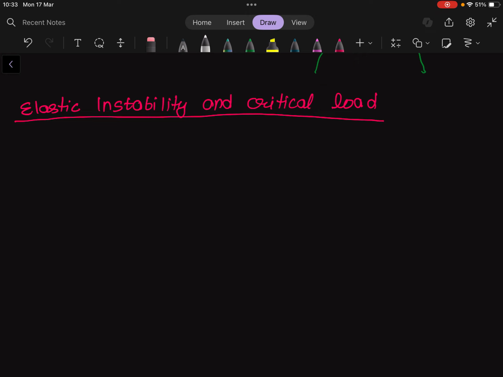Suppose we have a column like this. Sorry, this one should be like this. And here is our column.